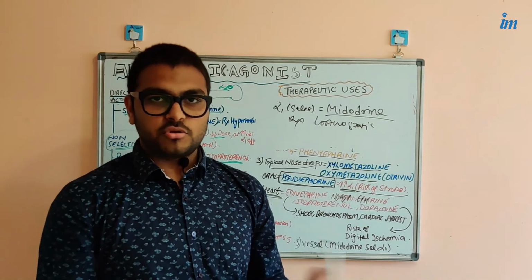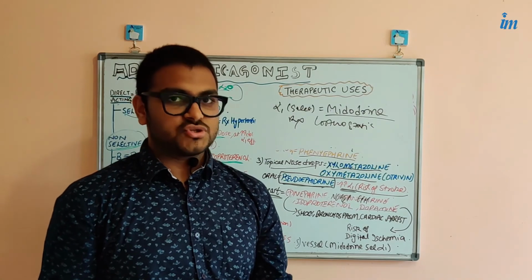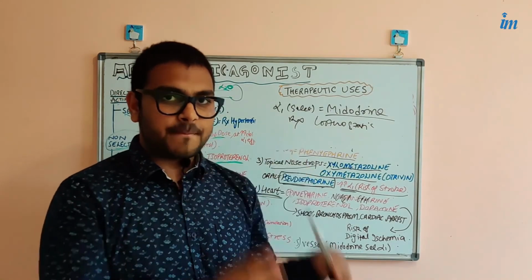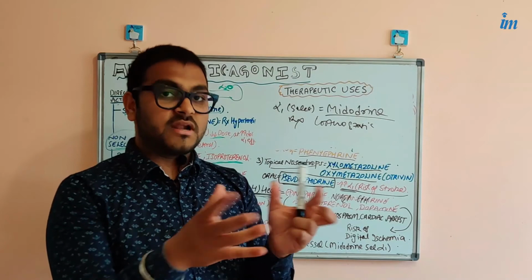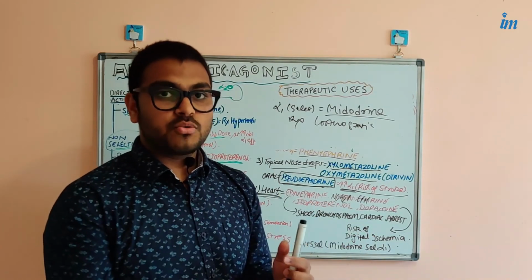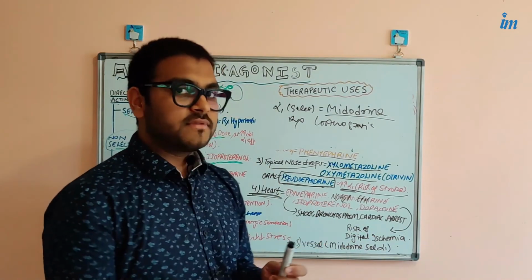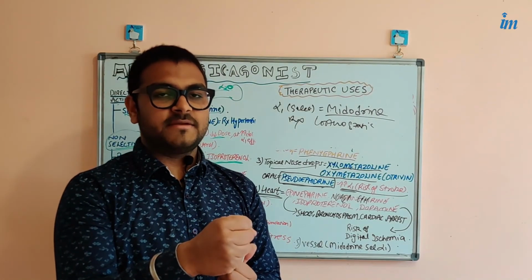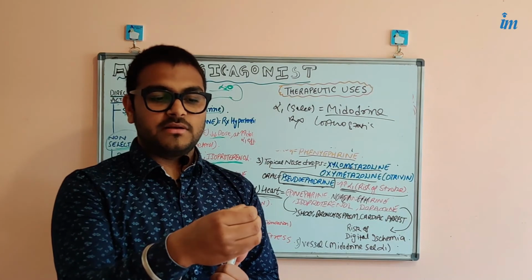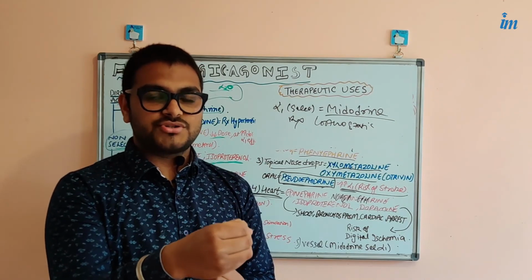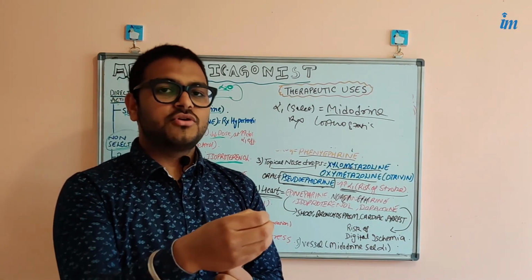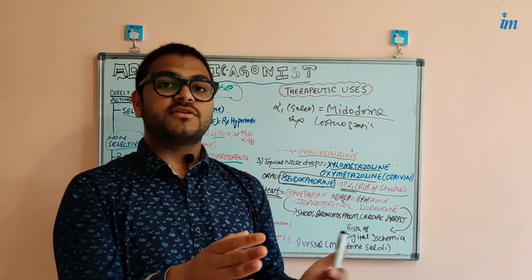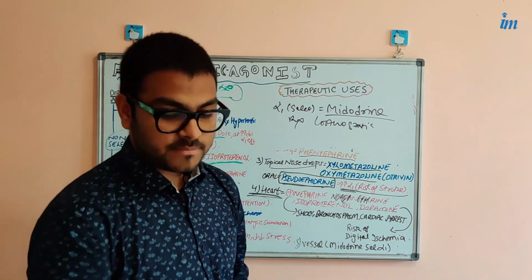You are lying in bed, your blood pressure is normal, but as soon as you stand up from your bed, your blood pressure rapidly falls because your peripheral blood vessels are dilated. So for the treatment of orthostatic hypotension, you give midodrine, so that the alpha 1 activity of this drug will keep your peripheral vessels constricted and will maintain your diastolic pressure. So midodrine can be used.